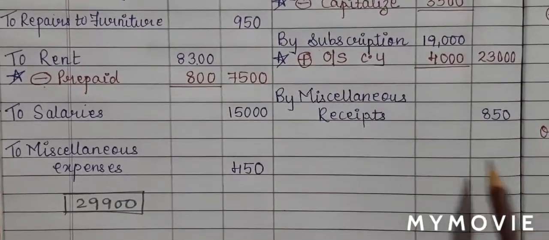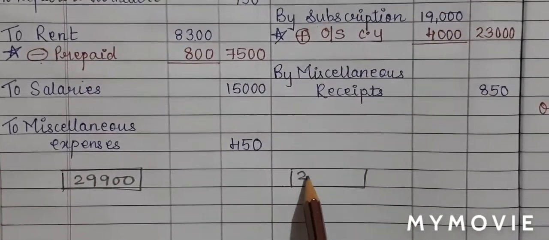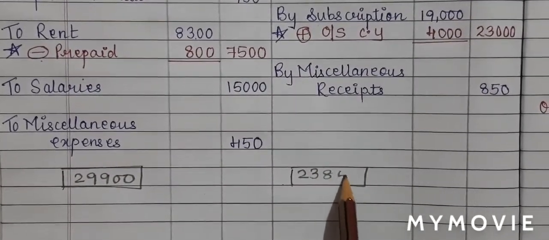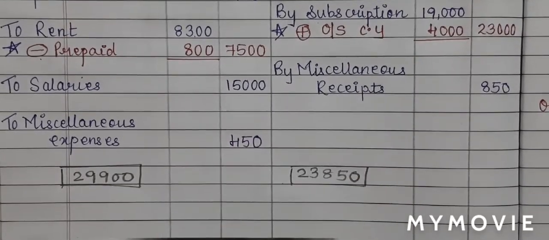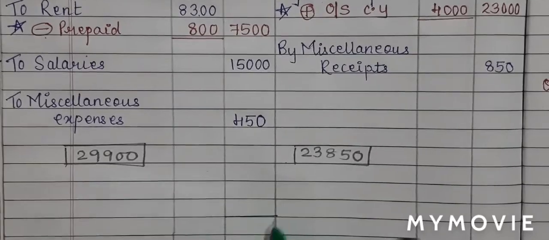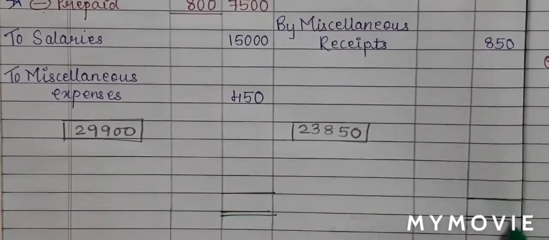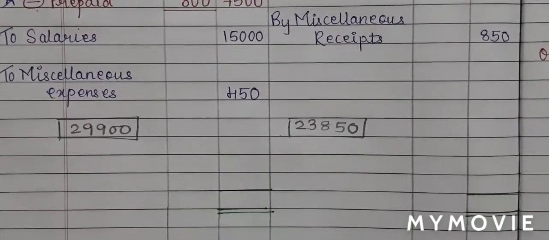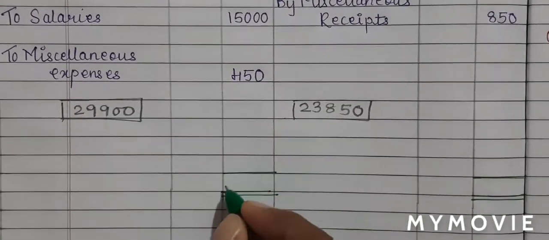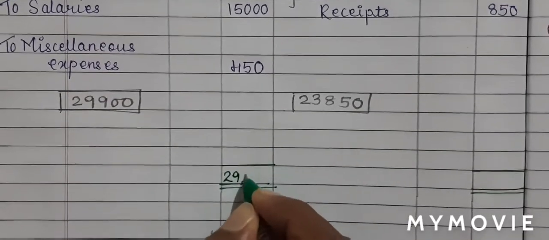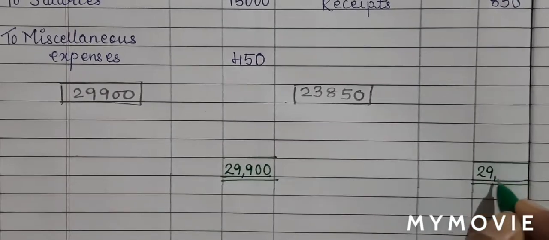When I total, I get a total of 23,850. Now students, we will be using the ledger format. Double underline on both the side. Bigger total to be written on both the side. So I have 29,900 as my bigger total. So 29,900 will be written on both the side.